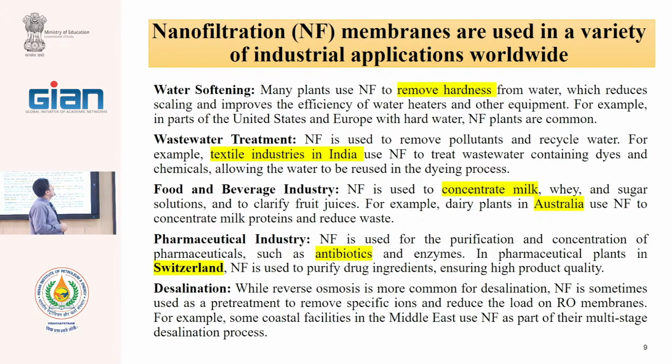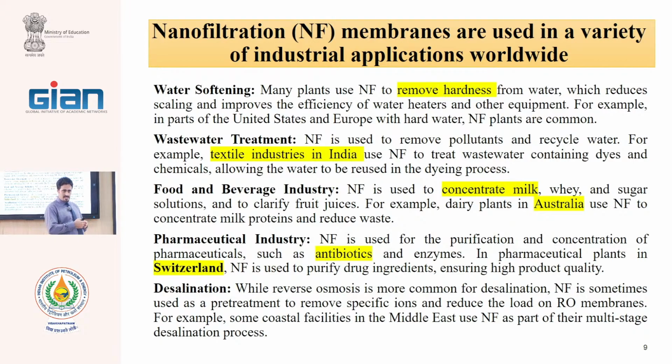The second is wastewater treatment. In many countries, NF is used. I checked the internet and saw that in India, in textile industries, there are more than 10 nanofiltration units, used mostly for concentration of the dyes.